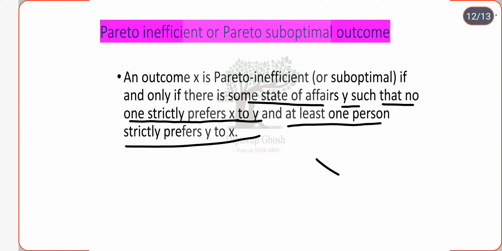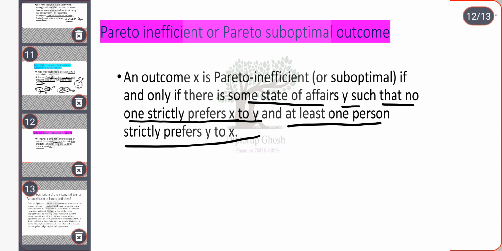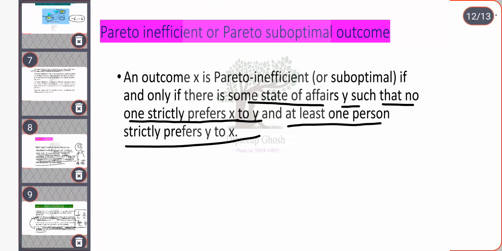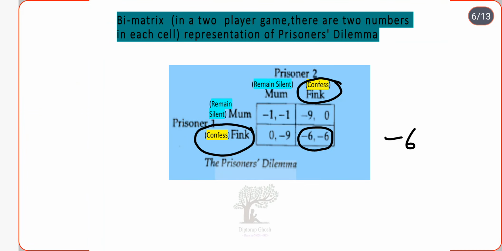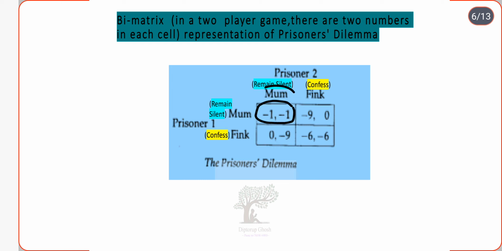That means, suppose, let me give the example with this game. As you can see with this game, if both of them select mum, that is to remain silent, then both of them get 1 year of imprisonment. In Nash equilibrium, both of them are getting 6 years of imprisonment.